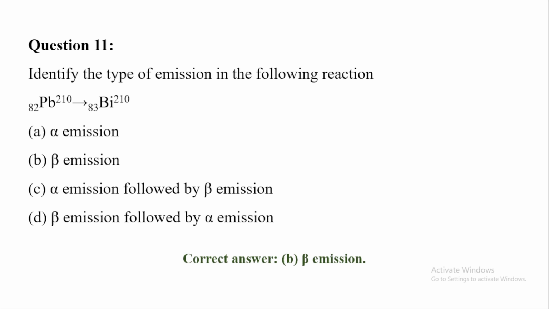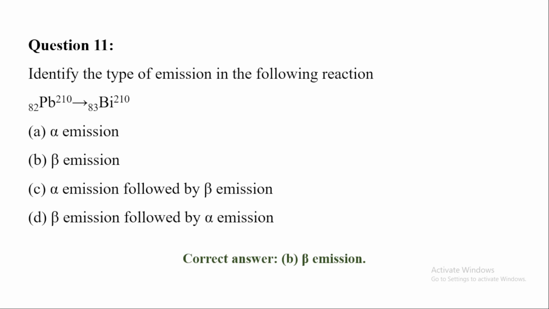Beta particles are similar to electrons. If an electron is released, positive charge will increase and thus the atomic number will increase. If it is asked in the periodic table where the new element will shift, to the right or left, the answer will be to the right, by one place.